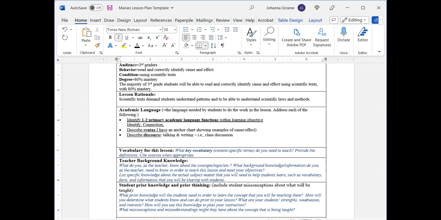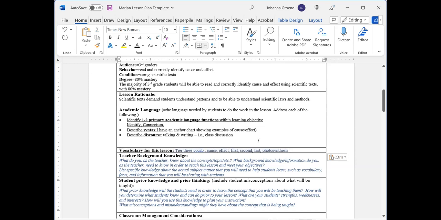All right. So the vocabulary, remember we talked about tier 1, tier 2, tier 3. I'm going with my tier 3 because it's science. And that's a biggie for any kind of science, to understand it. Okay, hold on. I'm copying and pasting it and it's not working. There we go. So I just have tier 3 vocab, right?